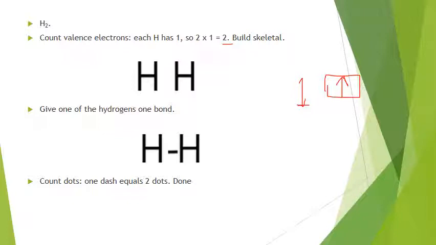Don't get caught up in it. That's one reason I picked this one, so don't end up putting dots all over it. Give hydrogen 1 bond, count them up, and you're done. You could say this is linear because it's straight across, and I guess you could say sp, and it's nonpolar.